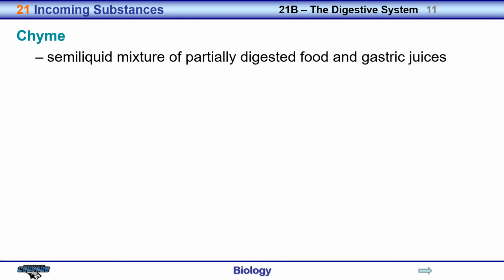It's been totally broken down as far as it can in the stomach, and then the stomach will empty it into the small intestine through that pyloric sphincter, and the stomach will contract.